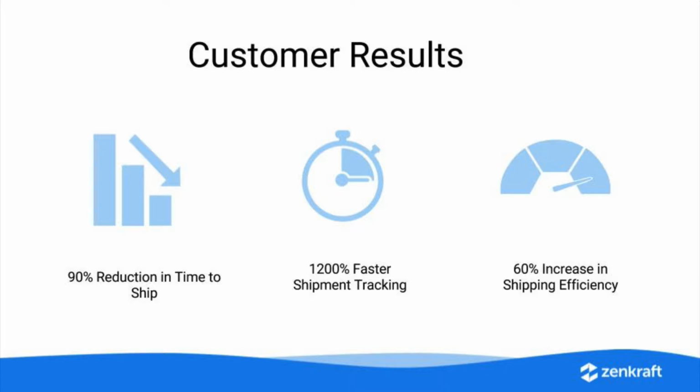An overall increase in efficiency by 60% within the logistics and customer service teams involved in booking and tracking shipments. And we're looking to increase these all the time with the introduction of brand new features like the ones that James is actually going to show you right now.